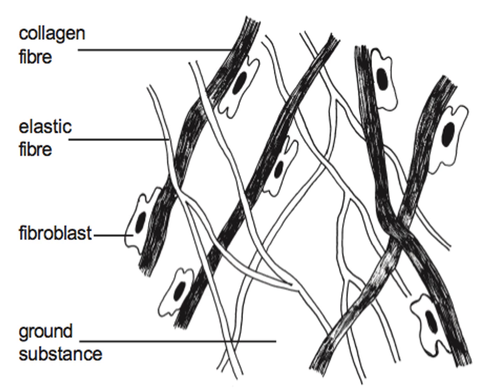Now in this slide we're looking at loose connective tissue, and this is another common connective tissue. And we can see this is made up of a combination of the past two types that we've looked at. So this contains elastic fibres and it contains collagen fibres. And again, the tissues contain fibroblasts, and it's the fibroblasts that produce the elastic fibres and the collagen fibres.